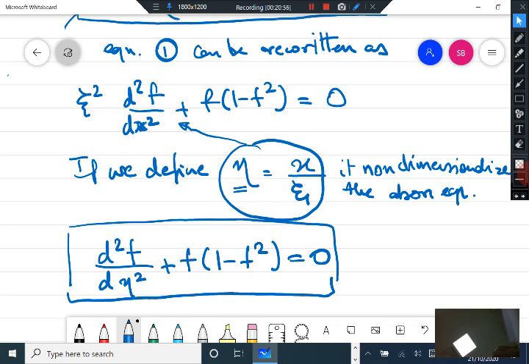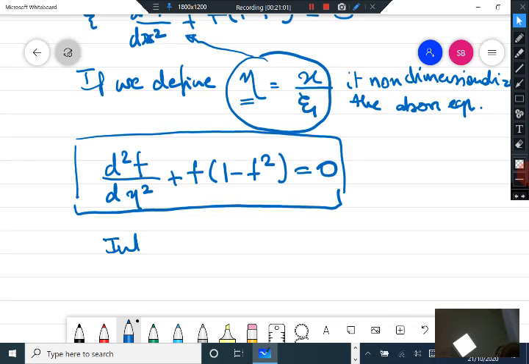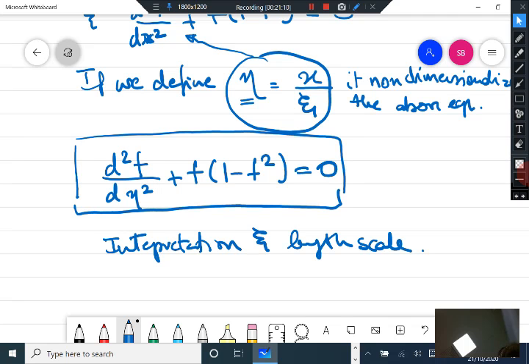Then we will interpret what this length scale xi is. We will look at the interpretation of the xi length scale, which will help us. So we will do that in the next lecture.